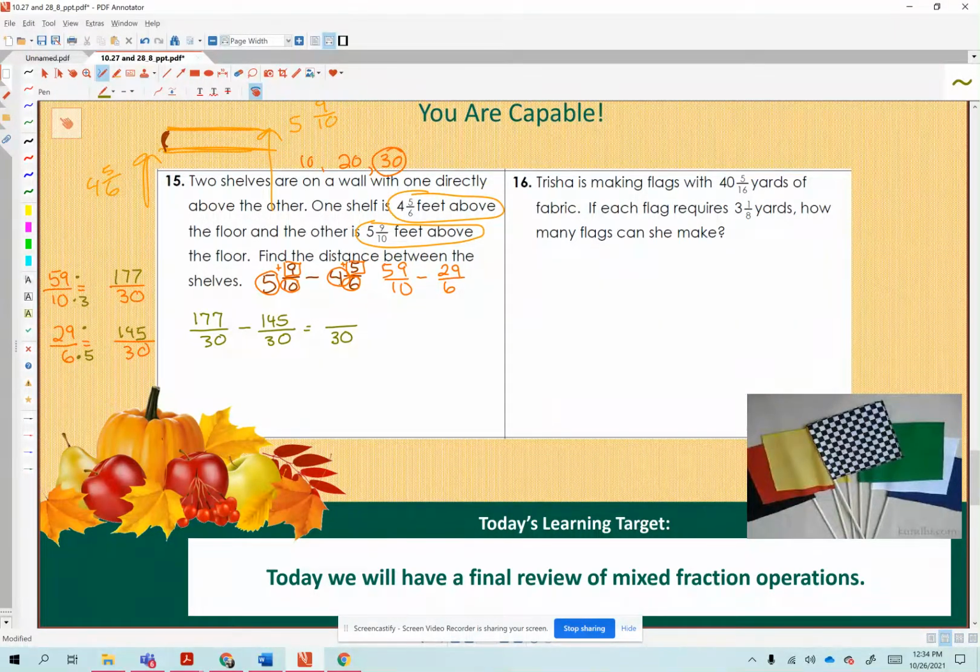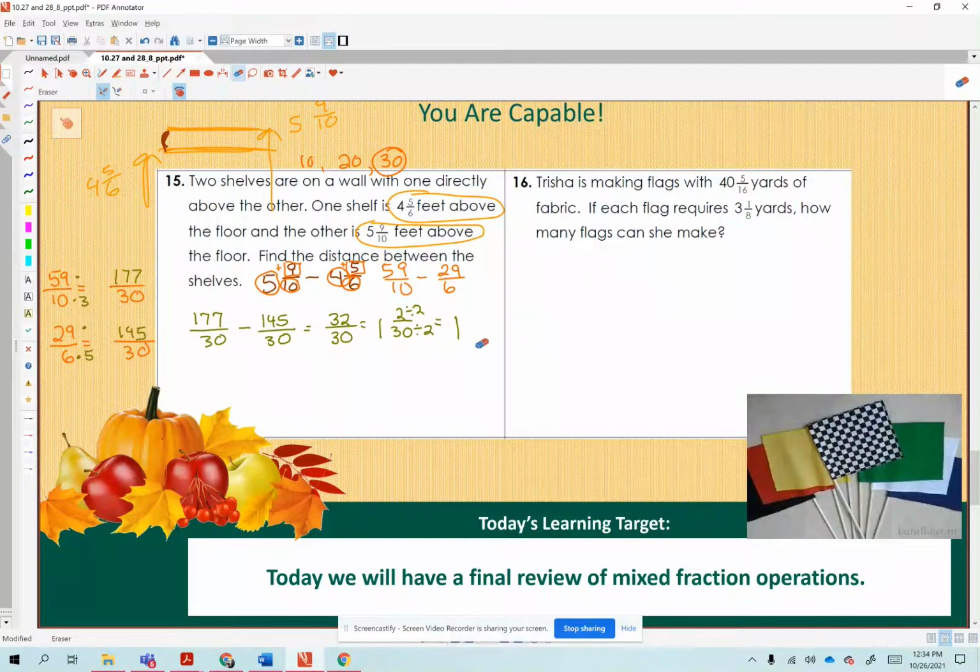177 minus 145 is 32. And I know that 32 is one group of 30 with 2 30ths left over. But I also know that I can simplify the 2 and the 30 by dividing both the numerator and the denominator by 2, and rewrite this as 1.